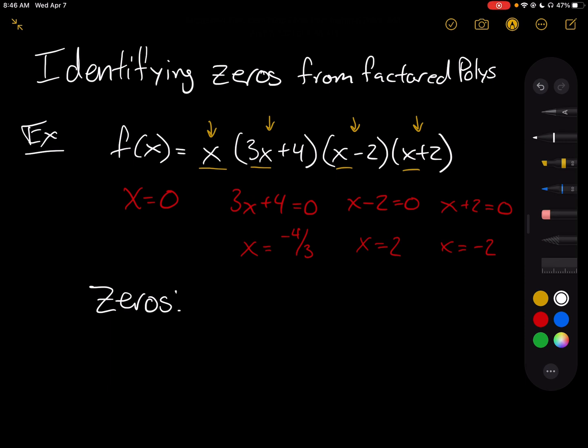And if you take any of these values and plug them back into your function, they'll give you a function value of 0, indicating that these are zeros, where a graph would physically cross the x-axis, otherwise known as roots when we're not necessarily talking about graphing. So 0, negative 4/3, 2, and negative 2. Okay.